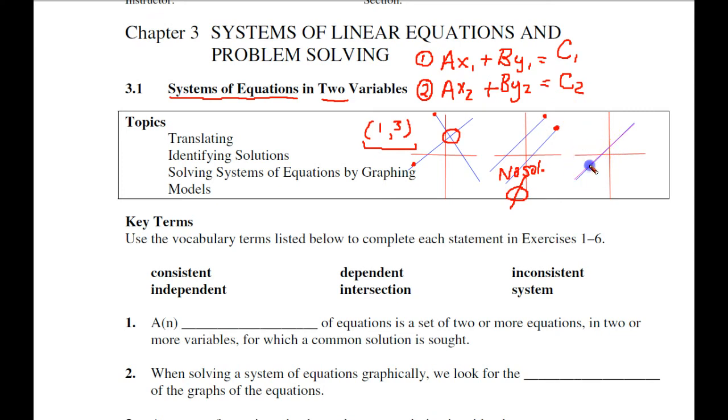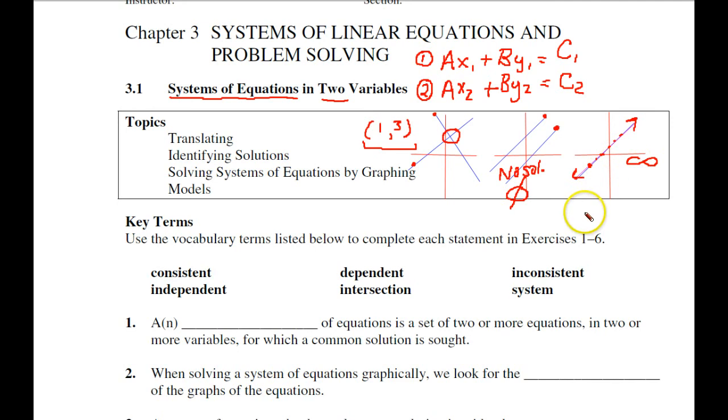Well, can you see that if you had an ordered pair for one line, that would also be an ordered pair for another line? And how many points did we say are along this line? Remember, there's an arrow there. And the answer is there's an infinite number of pairs along this line. And one equation, the same as the other, we say there's an infinite number of solutions.